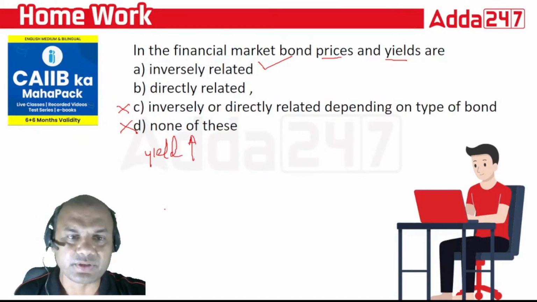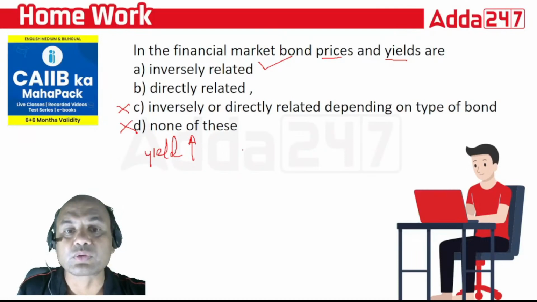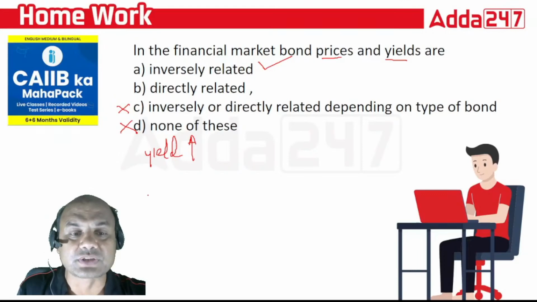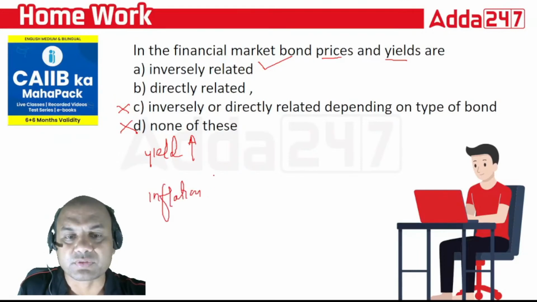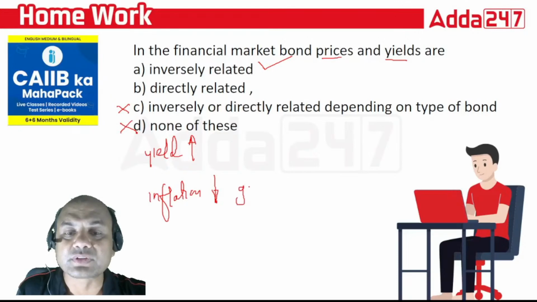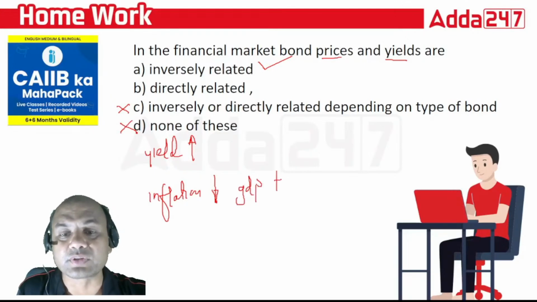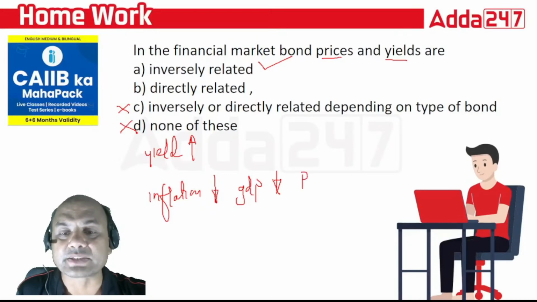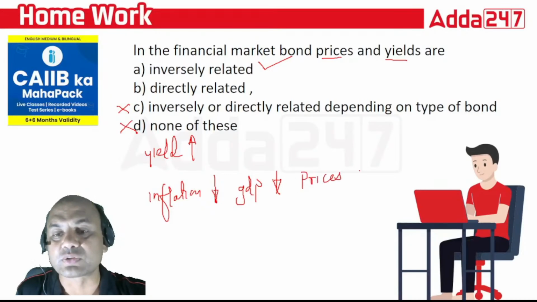First, inflation goes down. Once the yields start rising, inflation is in control, but GDP also goes down, and that's the negative part. Prices of the bonds also go down.